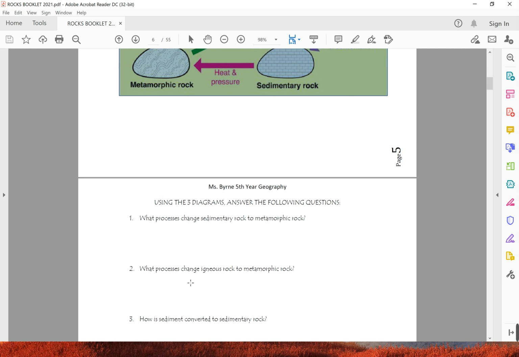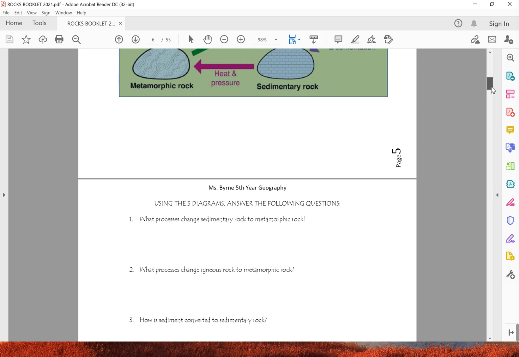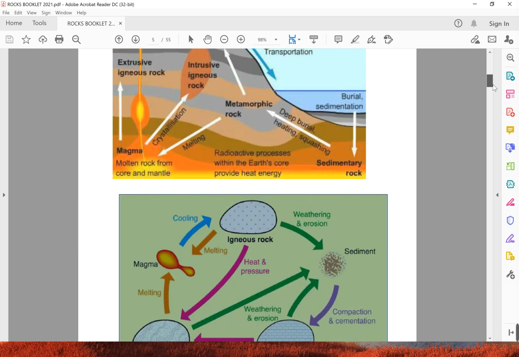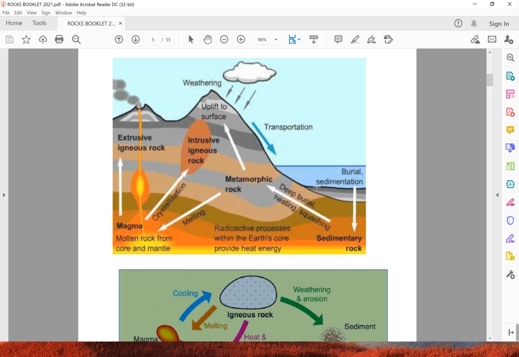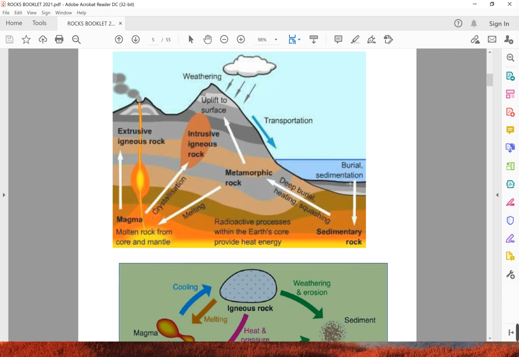I'll do one more for you. Let's do this one. How is sediment converted to sedimentary rocks? So let's have a look at the diagrams. So here is sediments. How is it converted to sedimentary rock? Well, the word burial there would help you.